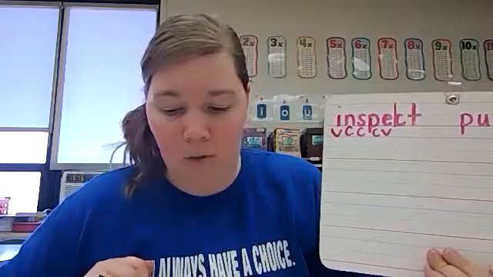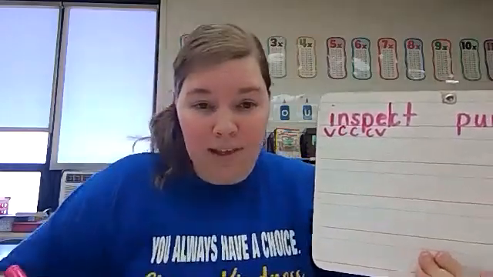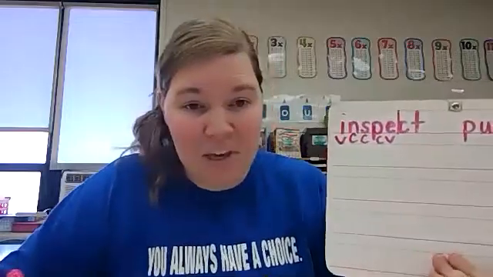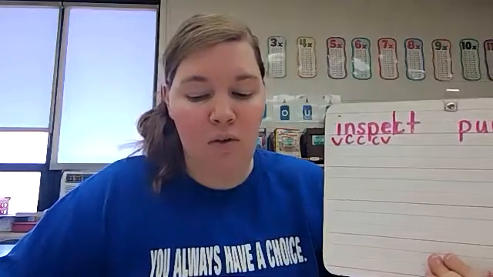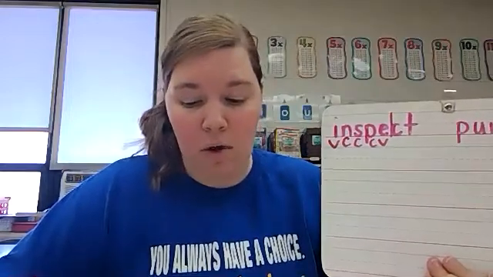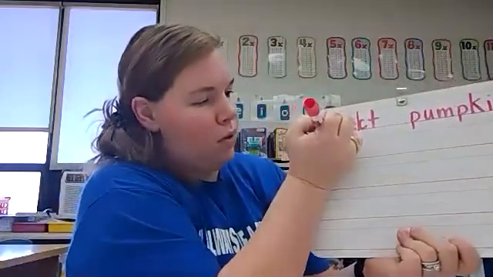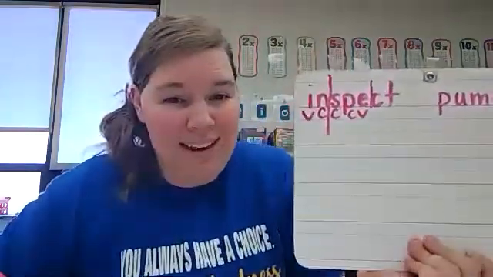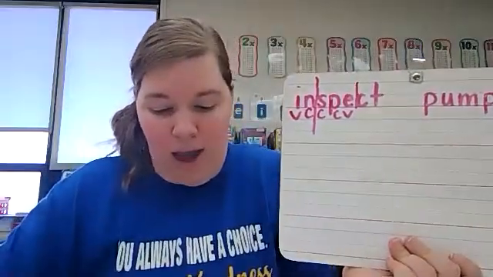No digraphs in this word. Are there any blends? There is a blend. The letters SP make a blend. Sp. So since we don't want to divide those two letters, we will divide before the blend. So we're going to divide between the N and S to keep the SP together, okay?